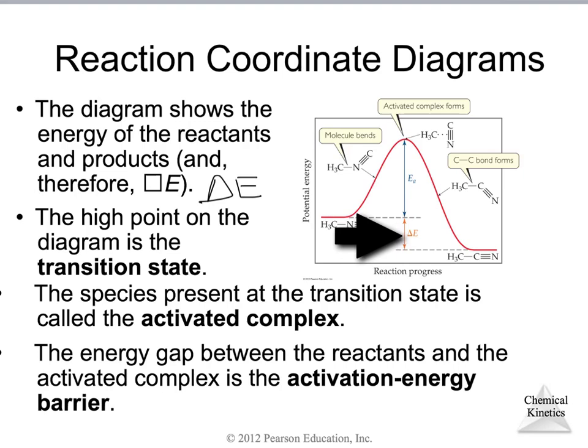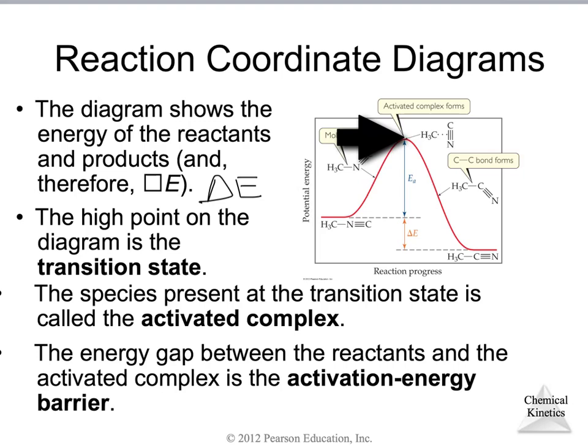The difference between the energy of the starting molecule, my methyl isonitrile, sorry, and the highest point along the path, that's where I can find my activation energy. So where I'm starting, the energy I have to start off with, to the highest point, that's where I can know my activation energy is.